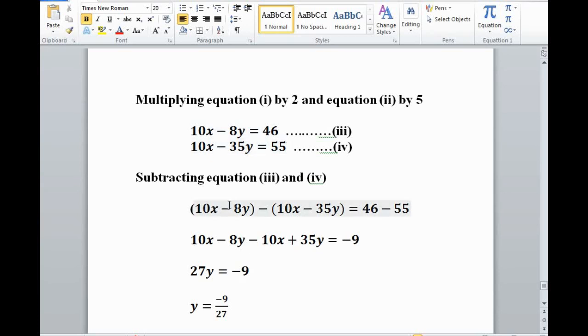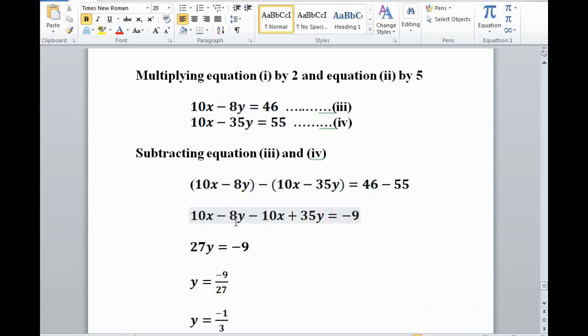And now simplification: 10x minus 8y as it is, negative 10x, minus multiplied by minus is positive 35y, equals, if we subtract 55 from 46, we get negative 9.